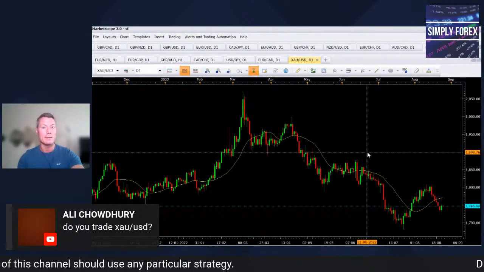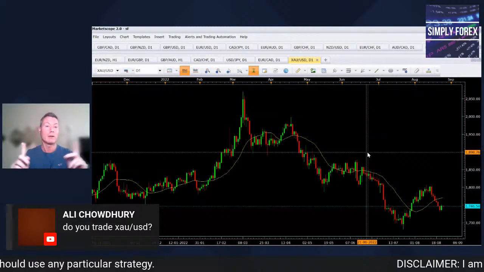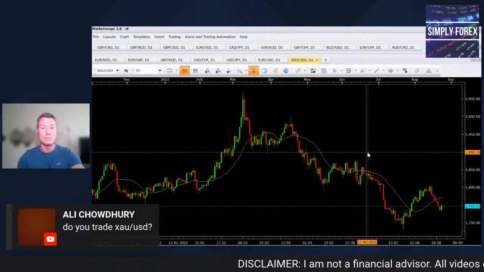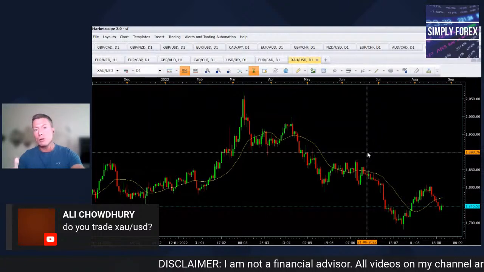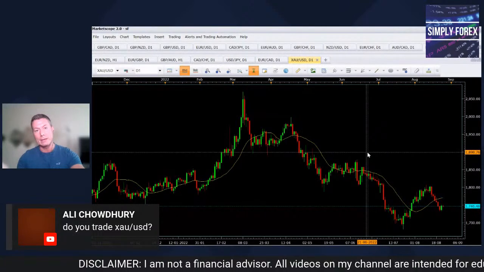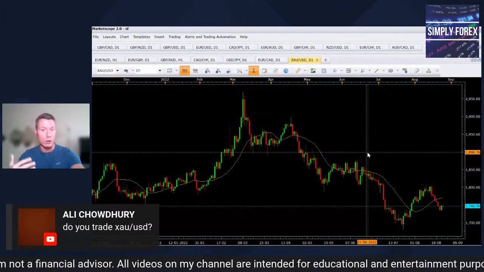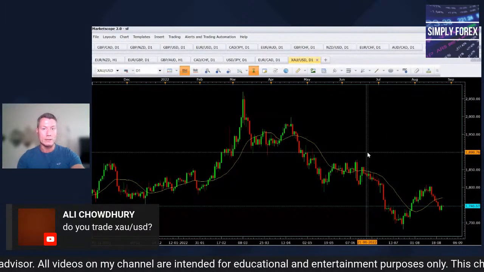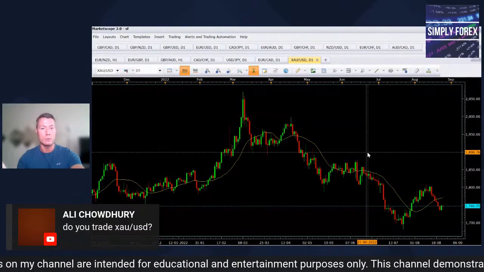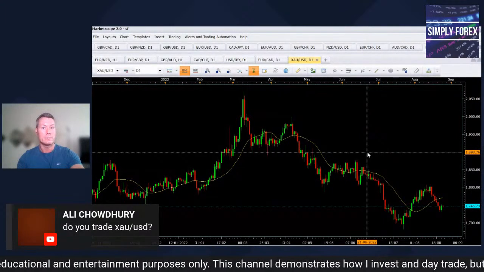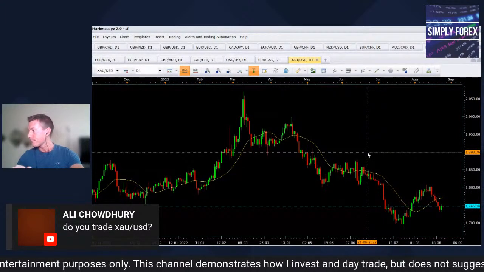It's very correlated with the US dollar and Japanese yen for the same reasons. But generally, I don't trade gold. The spreads are quite large, but a lot of what I do is totally transferable to gold, but I don't really trade it. I've had a couple of trades over the years, but in general, no.